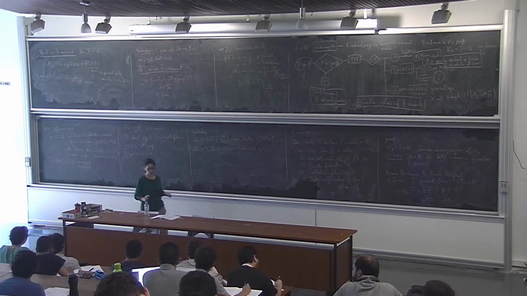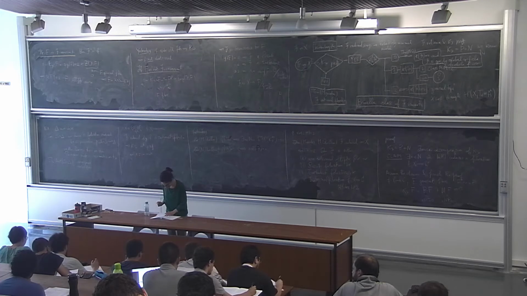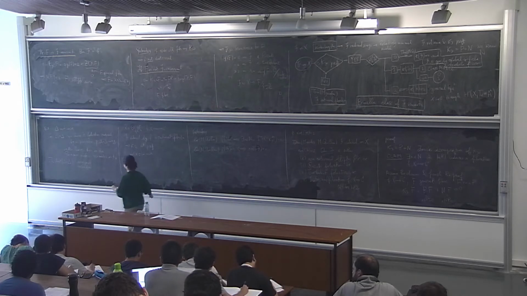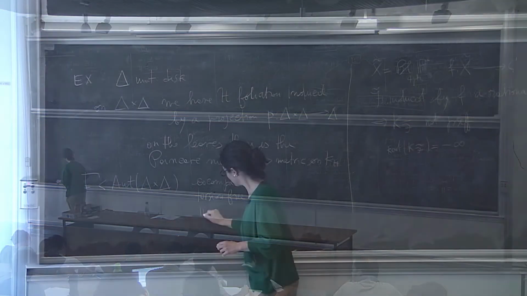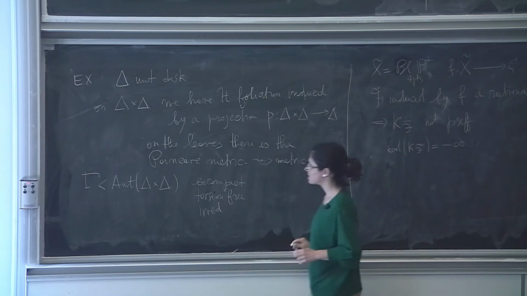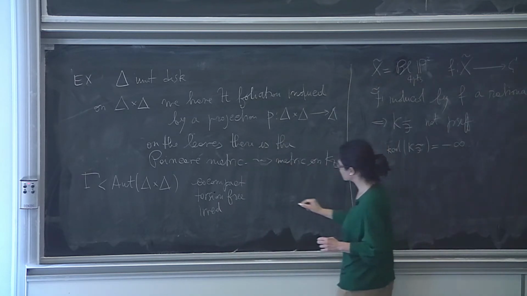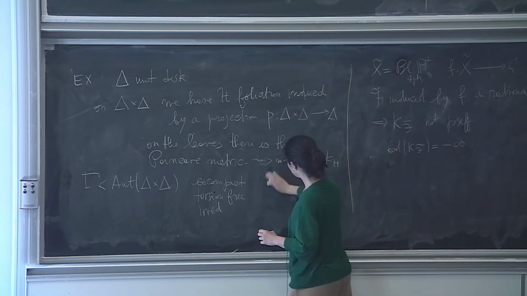I'm forgetting something: irreducible. All these hypotheses serve the purpose of having the quotient compact.